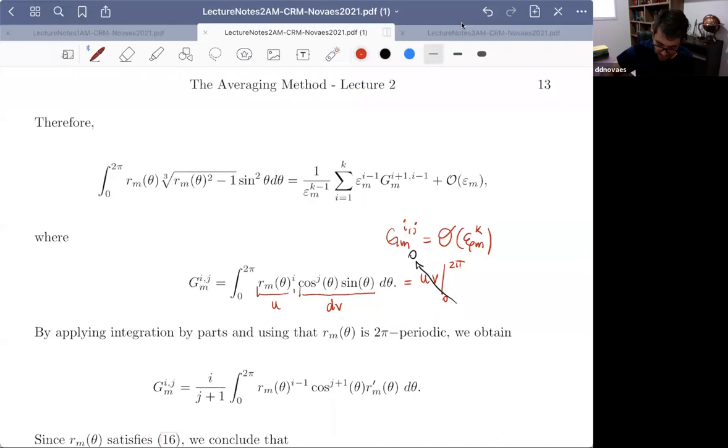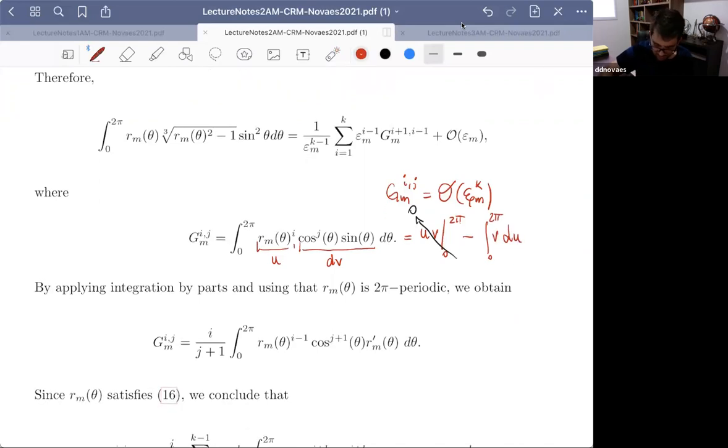And I have minus the integral between 0 and 2 pi of v du, okay?